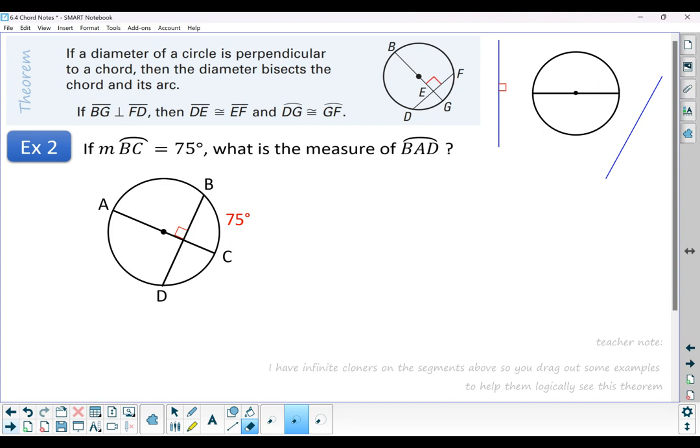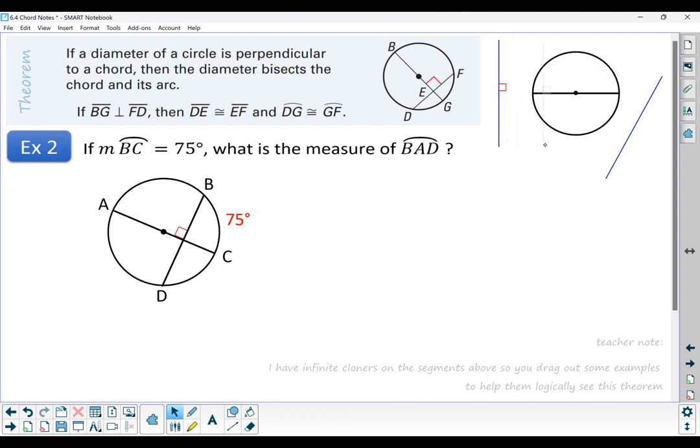Our next theorem is: if a diameter of a circle is perpendicular to a chord, then the diameter bisects the chord and its arc. I'm going to demonstrate it over here.